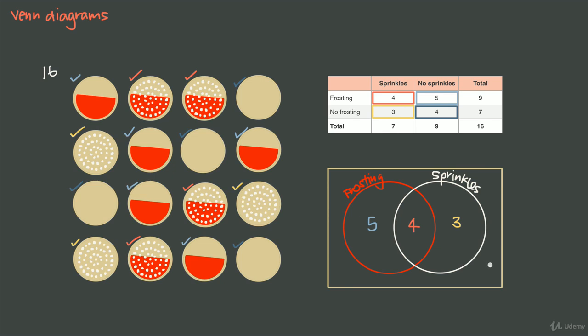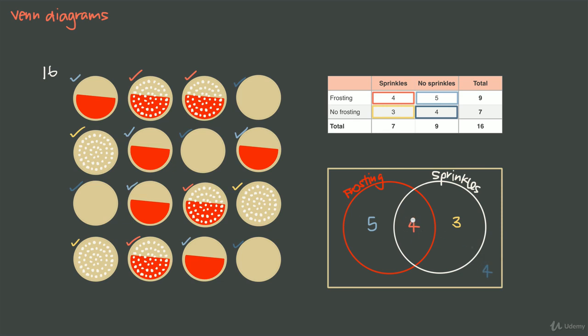So how many cookies with no frosting and no sprinkles? In other words, neither. Well, no frosting is the second row here. No sprinkles is the second column. We can see right here where they intersect. There are 4 cookies with no frosting and no sprinkles. So we go ahead and write a 4 outside of both circles. And we could have written that up here or here in any of the corners, anywhere outside both circles. But this 4 represents neither.